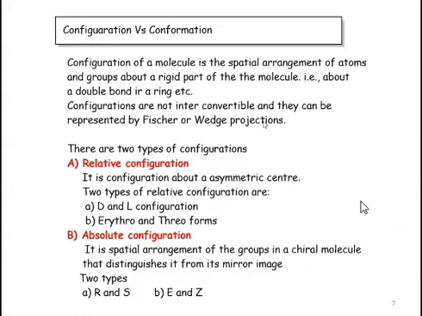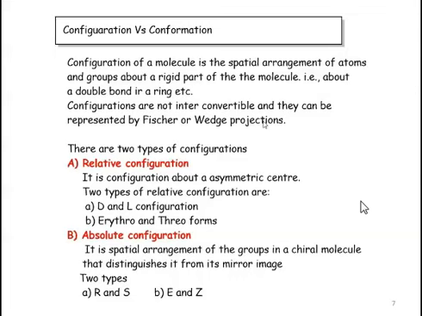Broadly speaking, these configurations are of two types. What are they? First is relative configuration and second is absolute configuration. The configuration of a molecule about an asymmetric center is called its relative configuration.